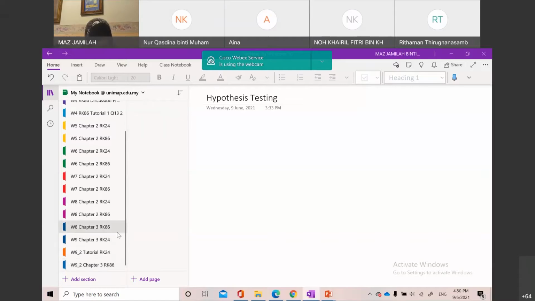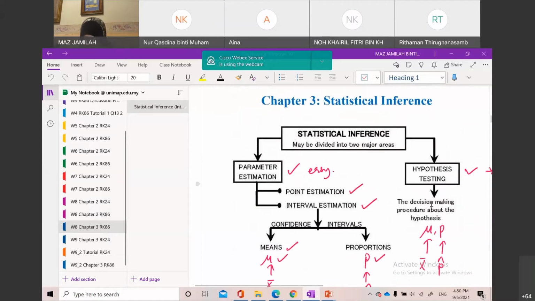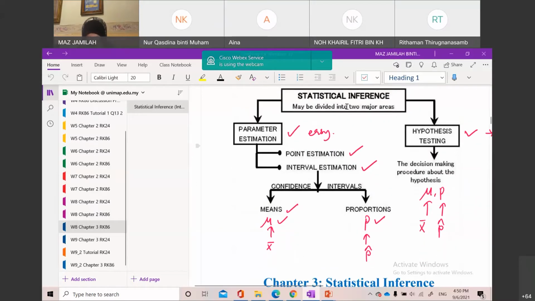Remember, for parameter estimation, we have point estimation, we have interval estimation, and the second one will be hypothesis testing, and this involves decision making. Here is involved only for estimation, and this part for decision making. So that's the difference between estimation and hypothesis testing.